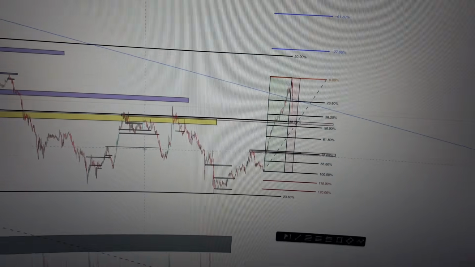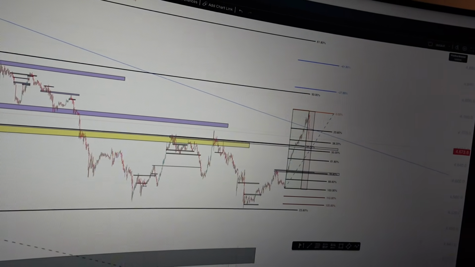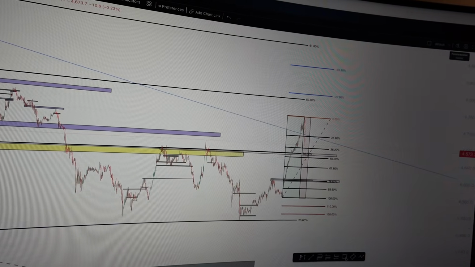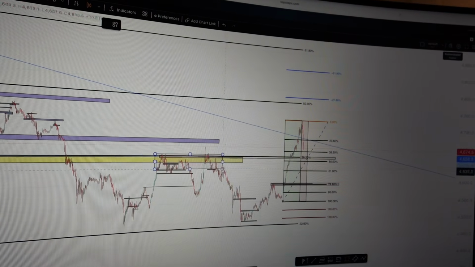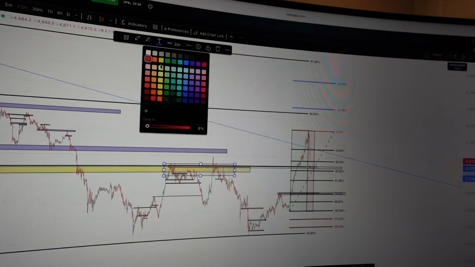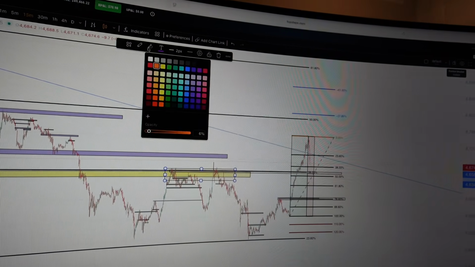Something also I'm keeping in mind, I'm looking at price at the 50% level because this was a level of resistance in the past. So I'm paying attention to this level here. Let's just make this a little brighter for you guys.